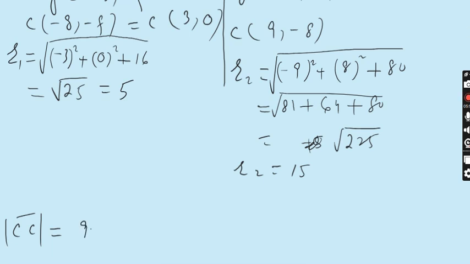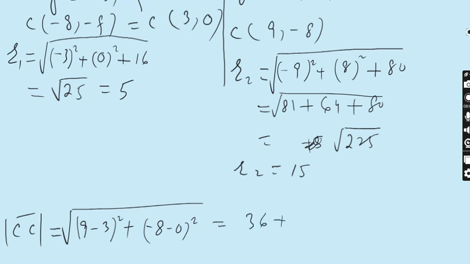So 9 minus 3 square plus minus 8 minus 0 square. 9 minus 3 is 6, square is 36. 8 square is 64. 64 plus 36 is 100. Square root of 100 is 10.